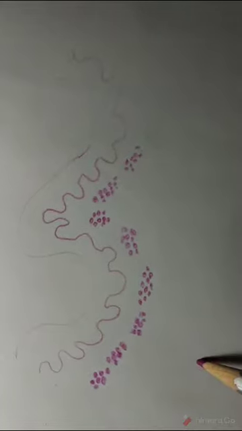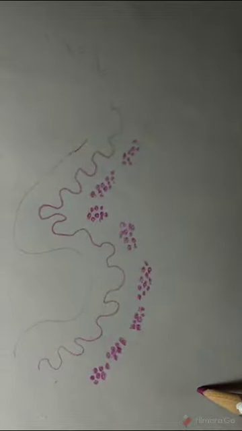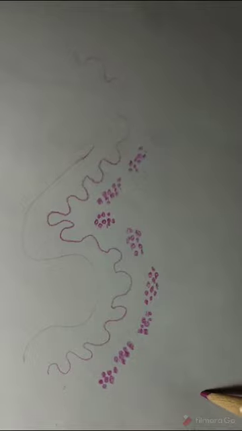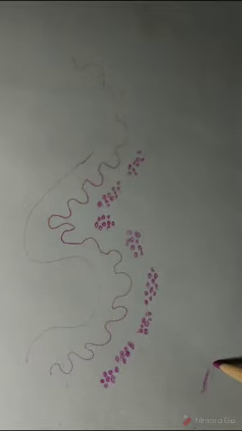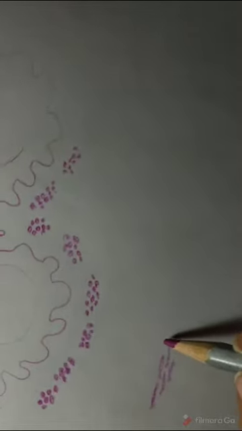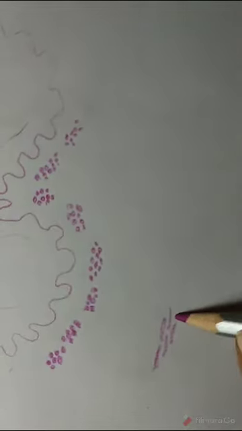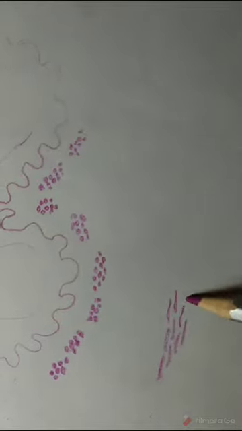Now we will draw the layer of muscularis externa here, the extent of the muscularis externa. Okay, I will draw the smooth muscles here, lower part of the esophagus. So this is how you will draw the smooth muscles.